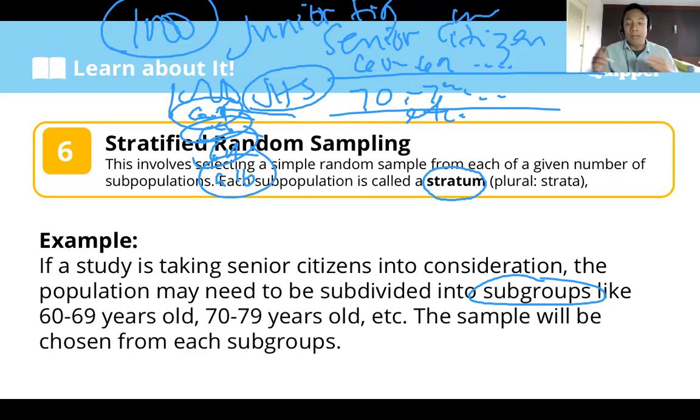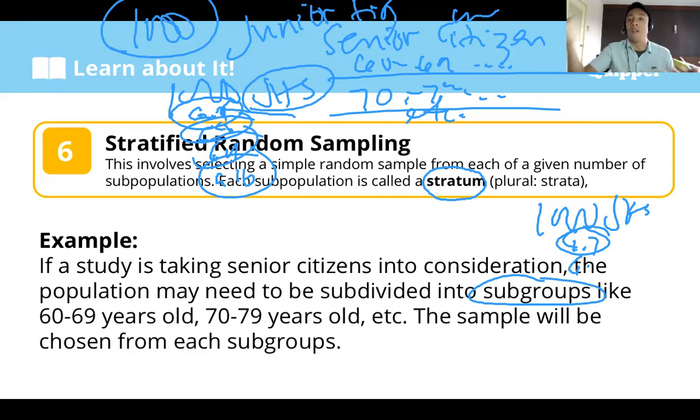Kumbaga, this one is the combination of subdivide and then simple random sampling. So that will be stratified. 1,000 junior high school students, i-divide mo siya into grade levels. So that is grade 7 to grade 10. And then in each division, you will use a simple random sampling.